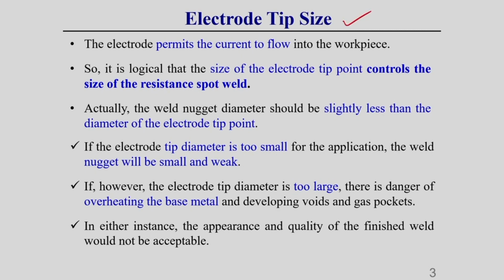You know that the electrode permits the current to flow into the workpiece, which we already observed. So, it is logical that the size of the electrode tip controls the size of the resistance spot weld.